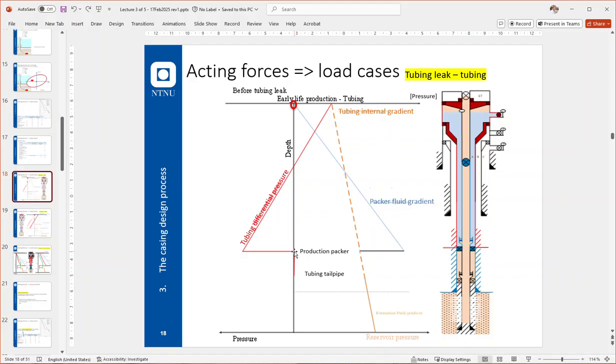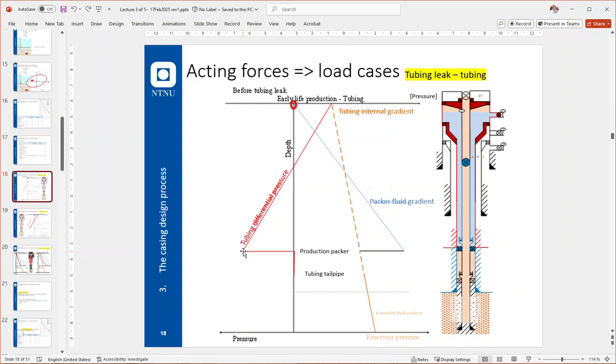All right, over the production packer, we will have quite a different pressure going from below to above. So looking at the difference between the internal and the external, we see that the pressure is higher in the annulus than in the tubing itself.